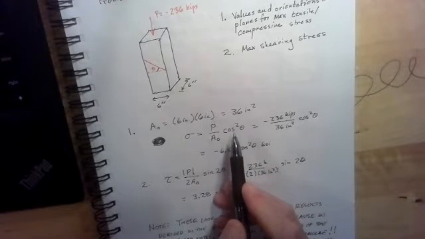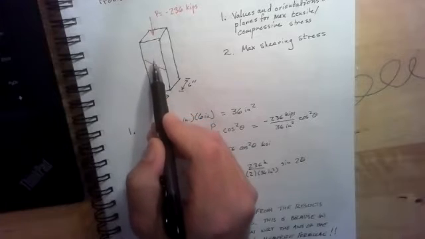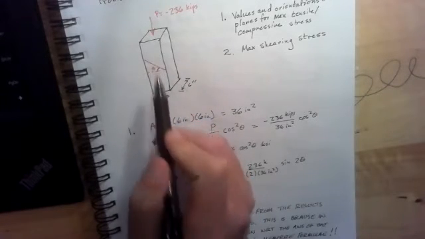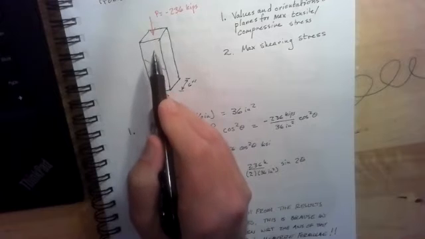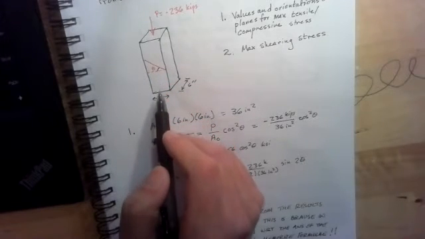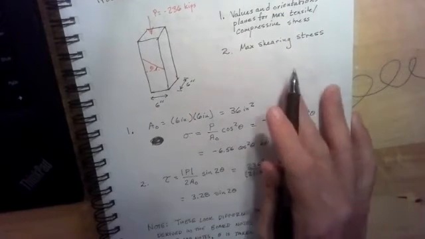That would be where cosine theta is equal to 0, and that would be for a plane that is along this particular axis. You would have no tension or compression on this plane that is going down the axis of the member. So that's what they are looking for.